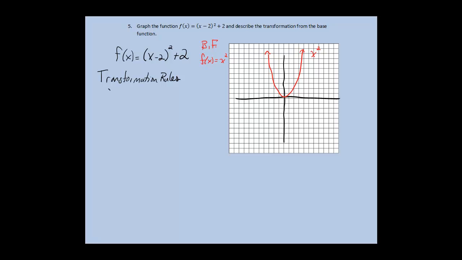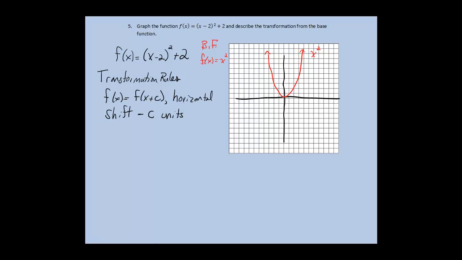First of all, as we saw in the last problem, if you have f of x equaling f of x plus a constant c, you will have a horizontal shift, not a vertical, negative c units.